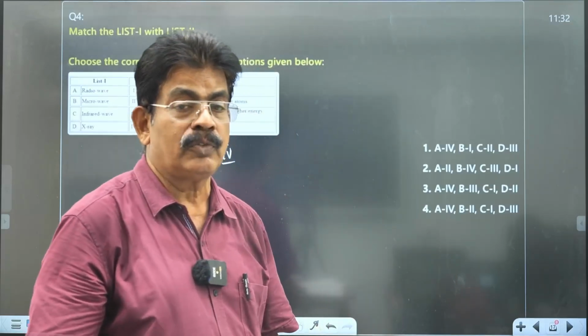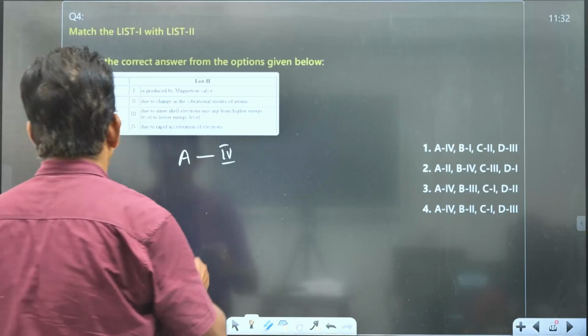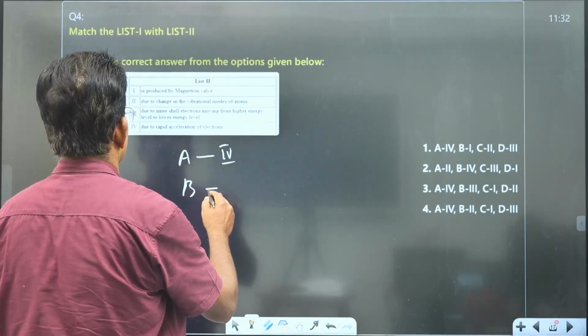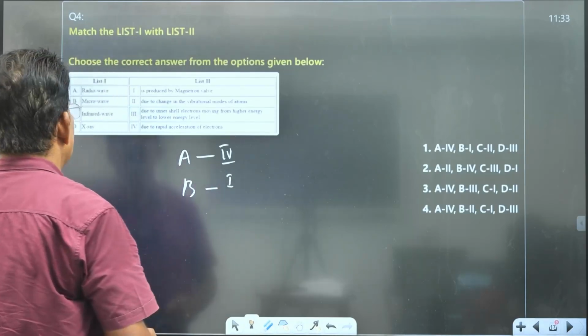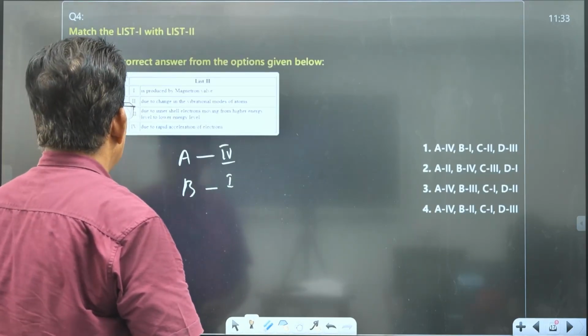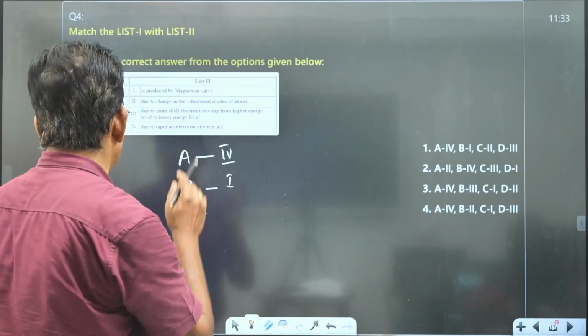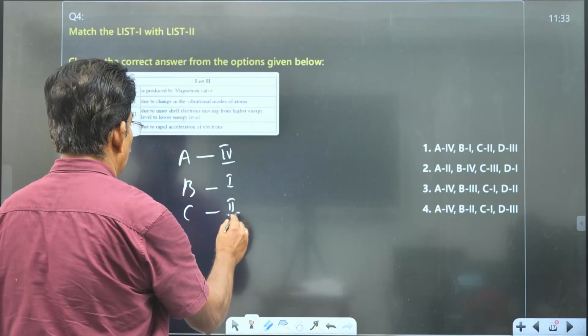These are the devices for generating microwaves. So B is matching with 1. Infrared radiations are due to the vibrations of the atoms or molecules. So infrared wave, that is C matching with 2.